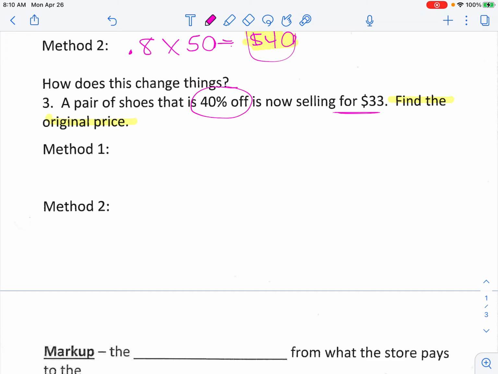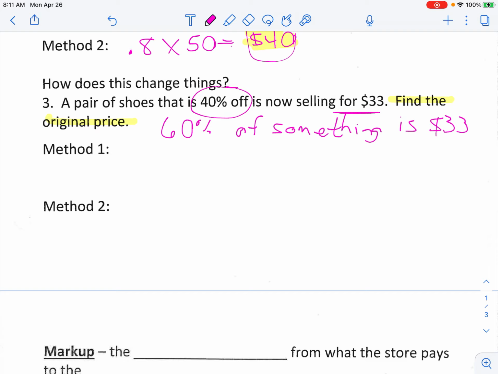If the shoes were 40% off, that means that you're paying 60% of the cost. So what I'm thinking mentally is 60% of something is $33. 60% of something is $33.